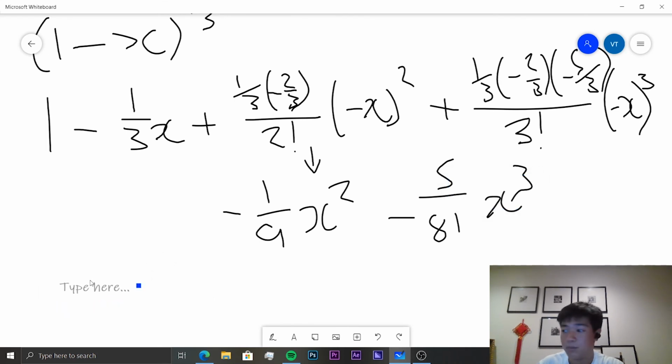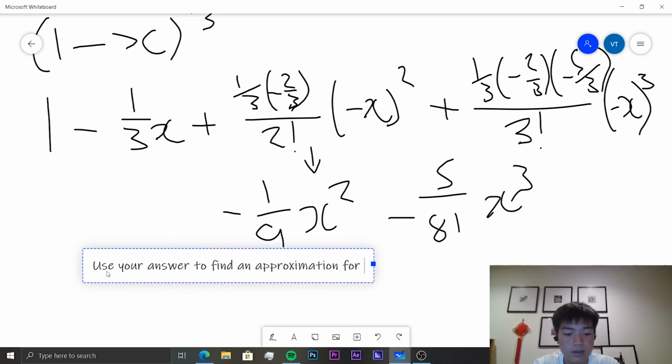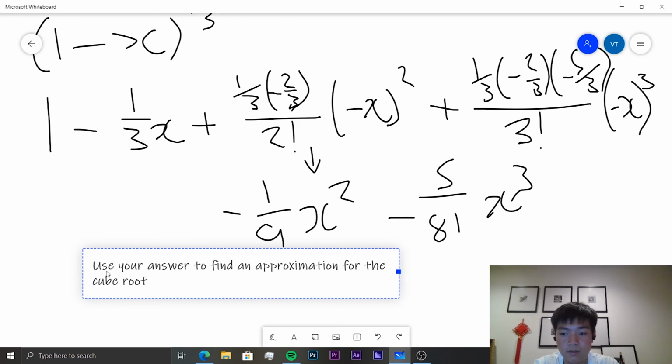And the second and final part is use your answer to find an approximation for the cube root of 63 to 6 decimal places. Are you serious?